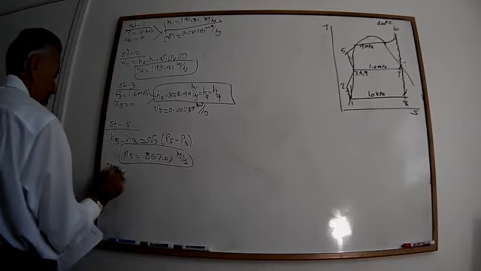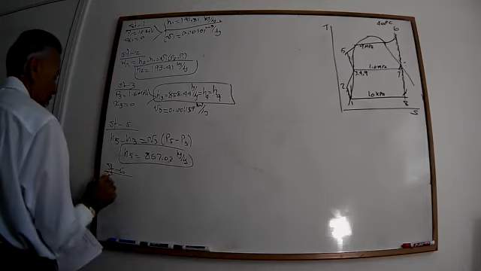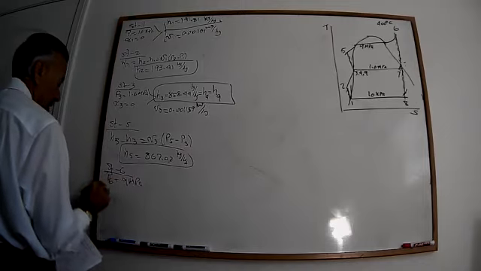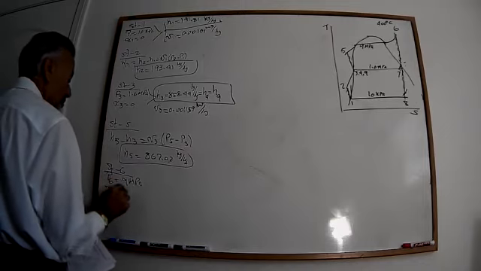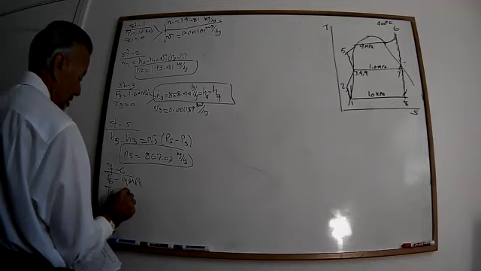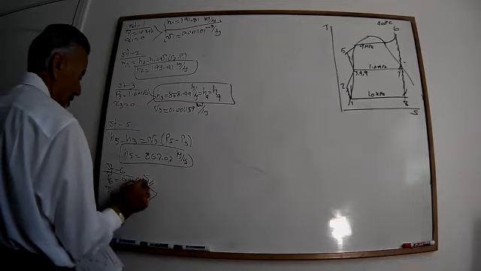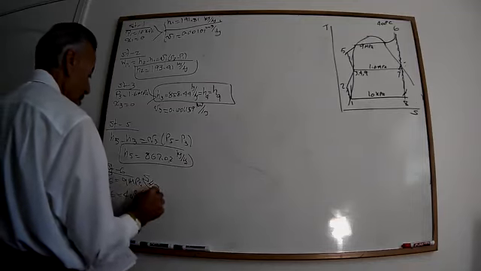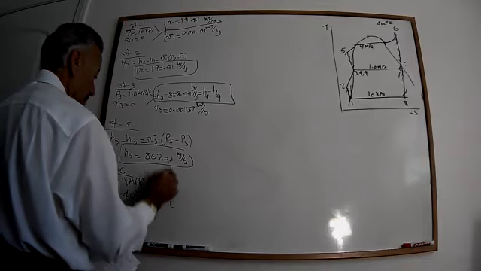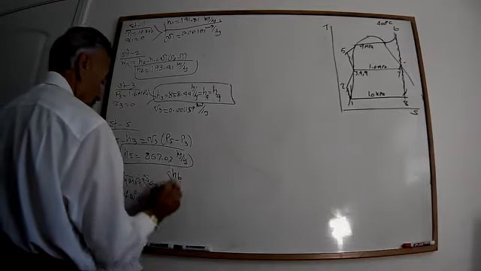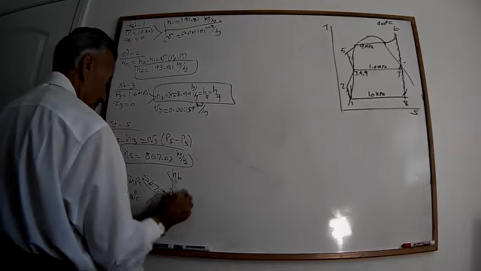At state 6, I have P6 equal to 9 megapascal and T6 equal to 400 degrees Celsius. Superheated table, I found H6 and S6.